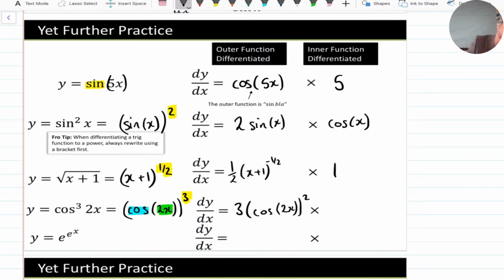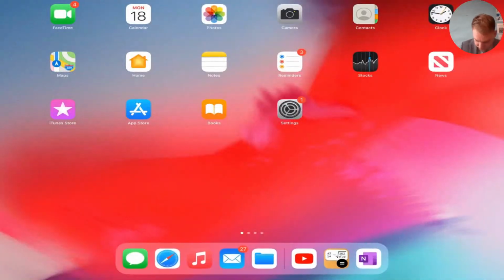So cos is going to differentiate to minus sine. So this is going to be equal to times by minus sine of 2x. I'll put a square bracket around that so you know it's times by all of that.